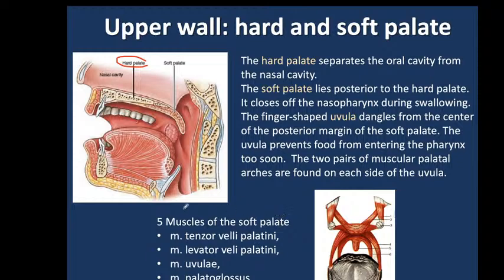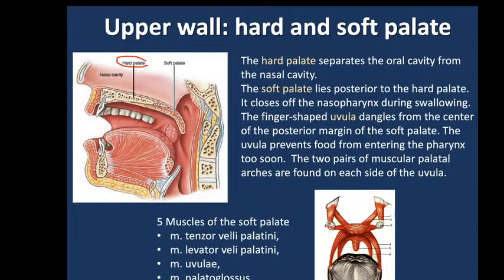And you see that people have about 5 muscles in the soft palate. Two of them we call tensor and levator muscles. Let me tell you in Latin: musculus tensor veli palatini.